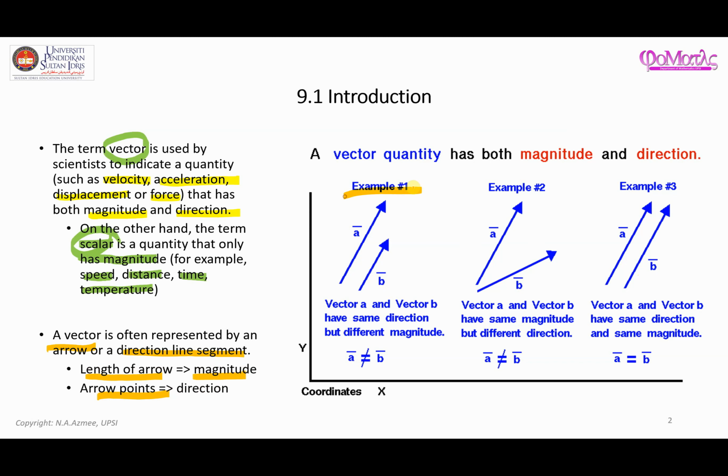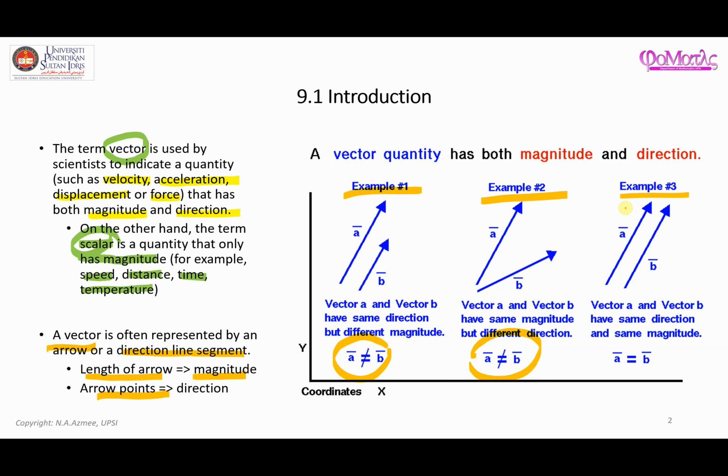So in this example here, you can see that vector A and B are not equal because they don't have the same magnitude. The magnitude is different because the length is different, although they have the same direction. In the second example here, vector A is not equal to vector B because they have different direction, although the magnitude is the same.